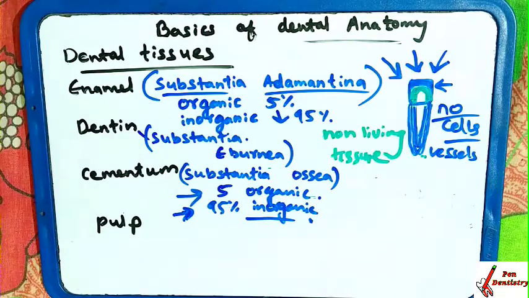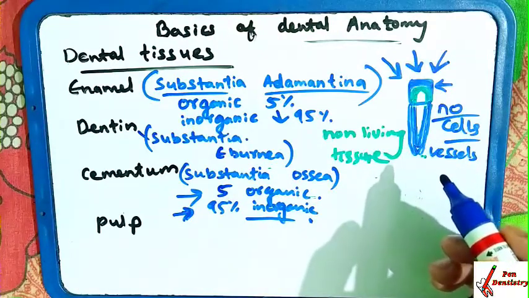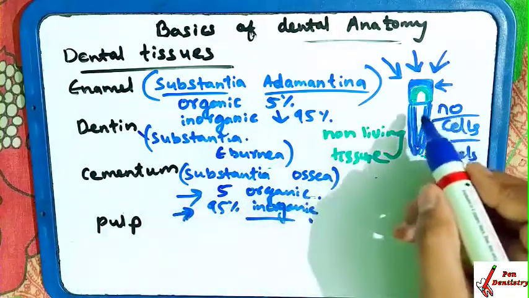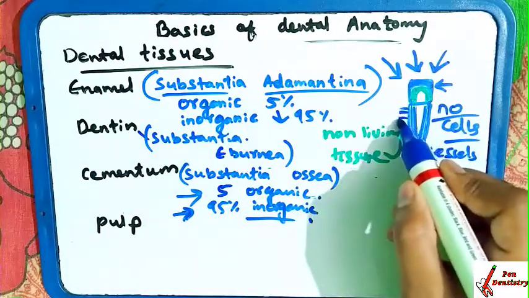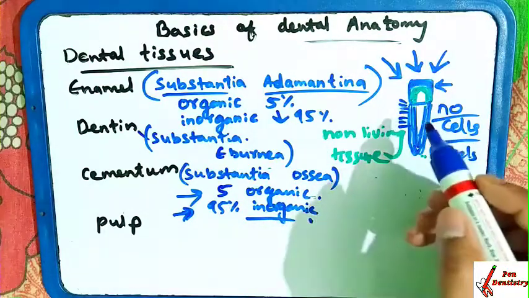Here there is a periodontal ligament that binds the tooth with the alveolar bone. The cementum has the periodontal ligaments, which bind with the alveolar wall.